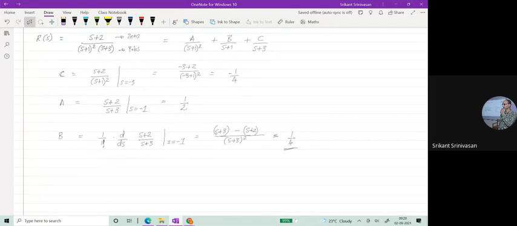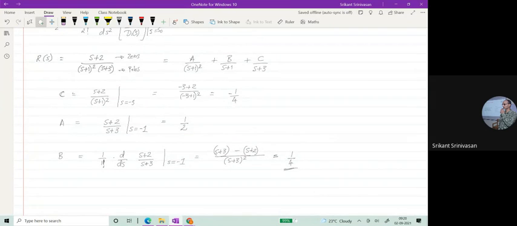When I say work it out, I mean you can plug it back in. So now you can put A, B, C and double check your answer. So if I put A is equal to 1 by 2, B is equal to 1 over 4 and C is equal to minus 1 by 4, and then you plug it in this, you should be able to get your answer.